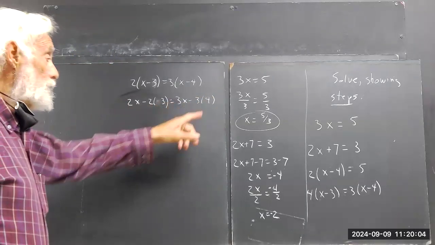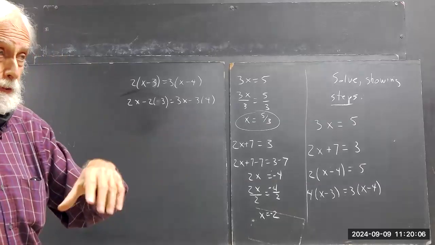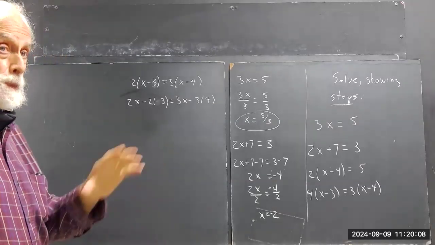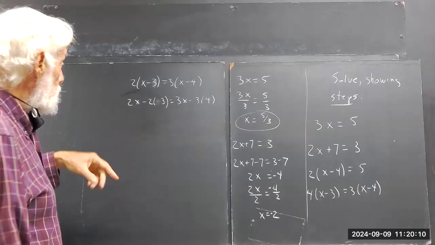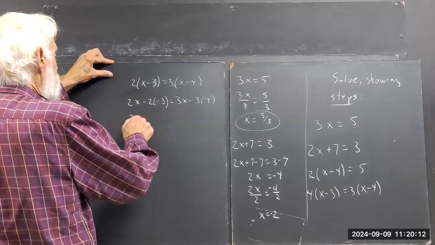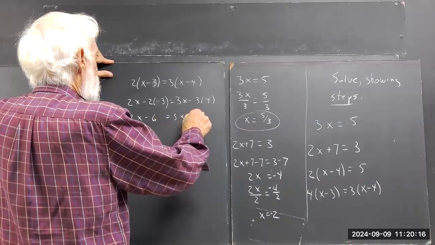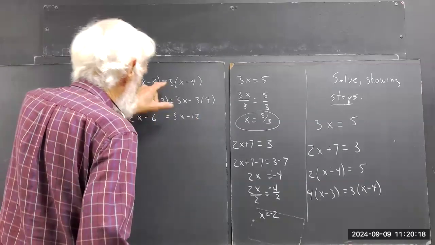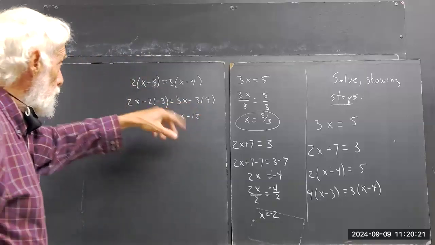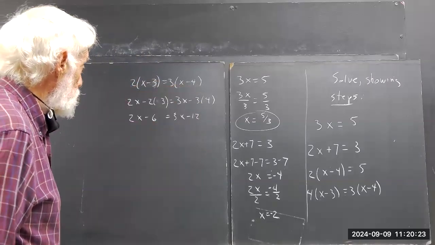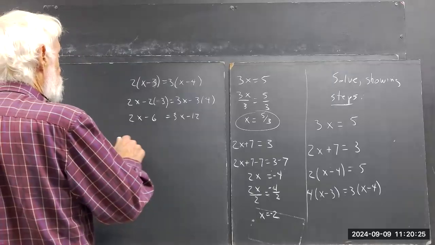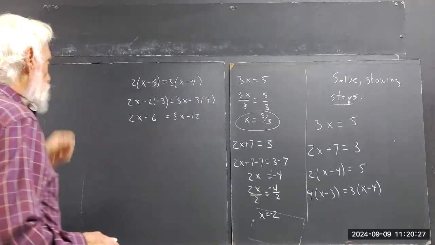Now that's going to be an important step when we do this with symbols, because I'm going to do an equation like this with symbols. When you got numbers, of course, it's easy enough to go ahead and multiply the 3 by the 4 and make it with the negative on it. Okay, then we have a choice.